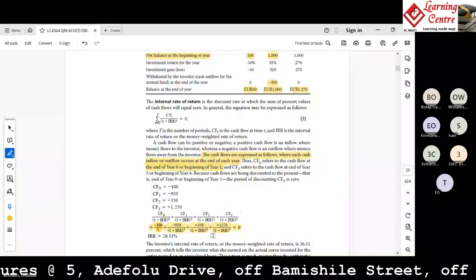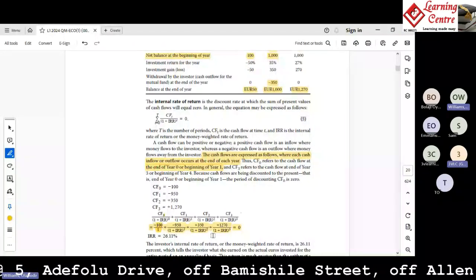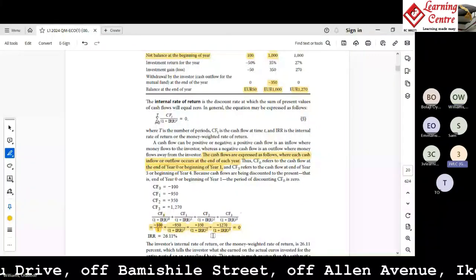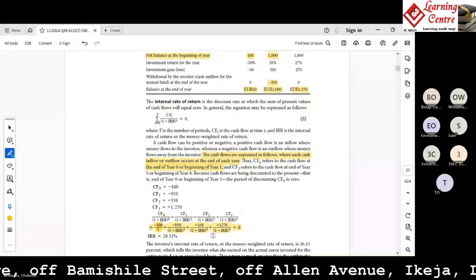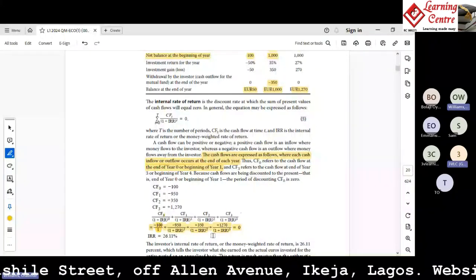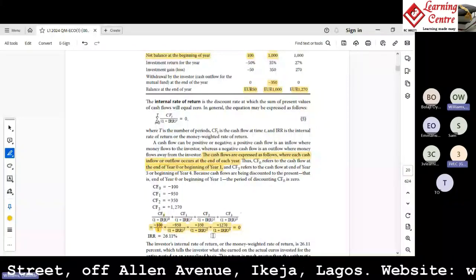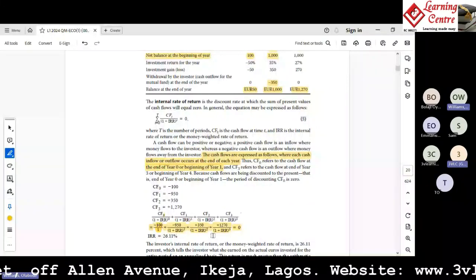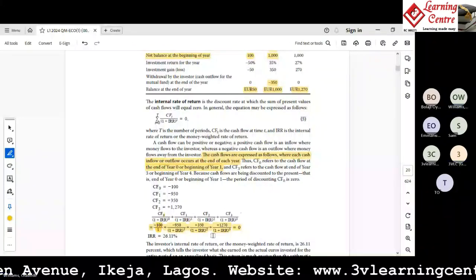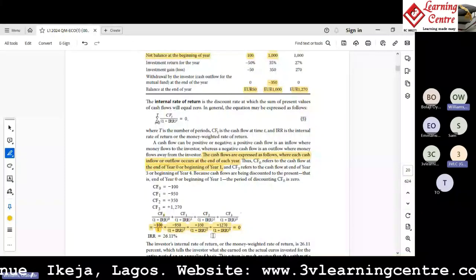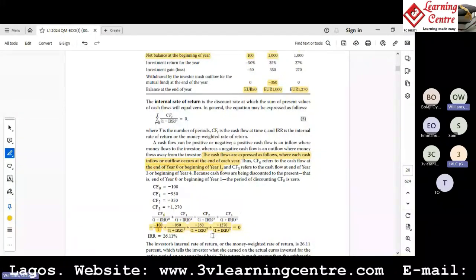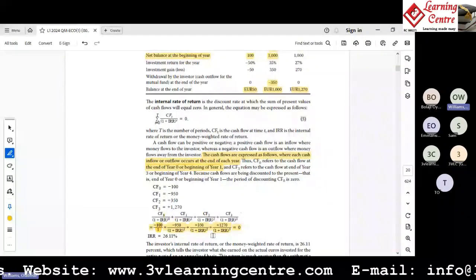That cannot be correct. At 30%, it will be negative. You know why? At 26%, it is 0. Anything higher than 26% will be negative, and anything lower than 26% will be positive. So Bolaji can be positive because it's lower than 26%, but because 30 is higher than 26%, it has to be negative.